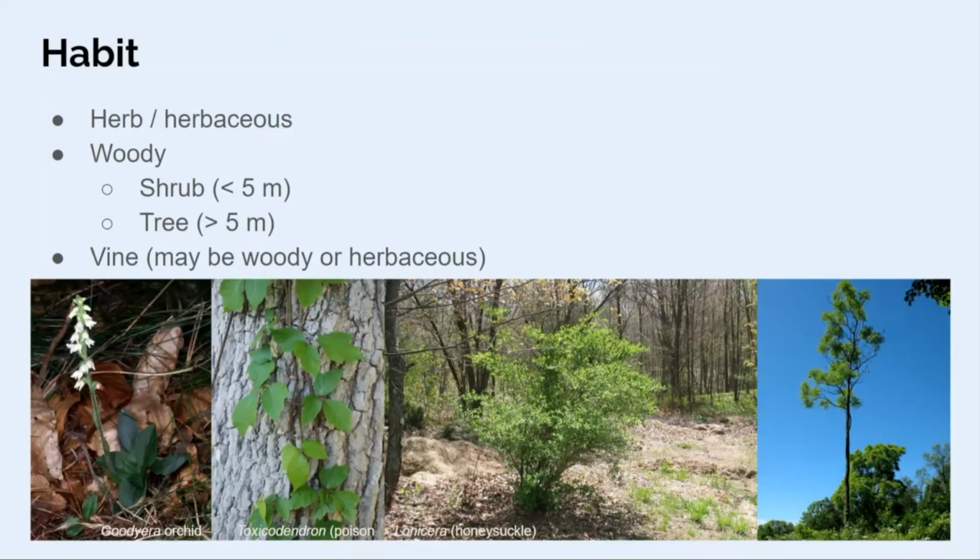Obviously, trees start small but become taller, so usually it's by species. So a tree that has the capacity to get bigger is a tree through its whole life, basically a characteristic of the species. Shrubs at their biggest don't really get bigger than that 5-meter height. Another shrub feature is that you often get multiple stems from the ground.